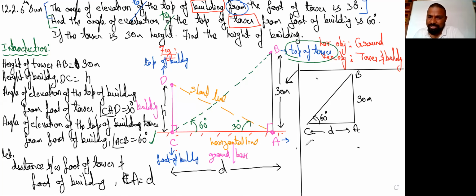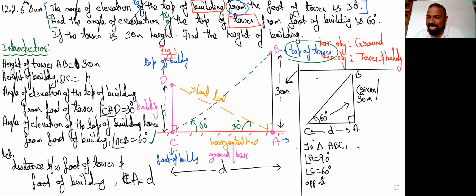Now, Jayasree, what triangle are we having? ABC. Where is 90 degrees? At A. Angle C is equal to how much? 60 degrees, the one which is given to us. It is towards which side of 60 degrees? Opposite.